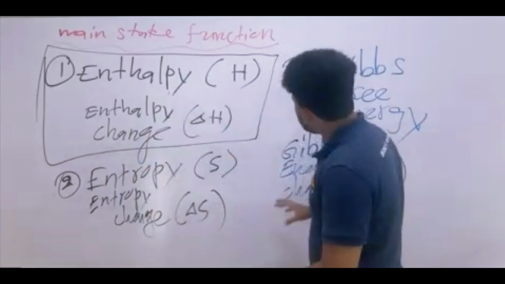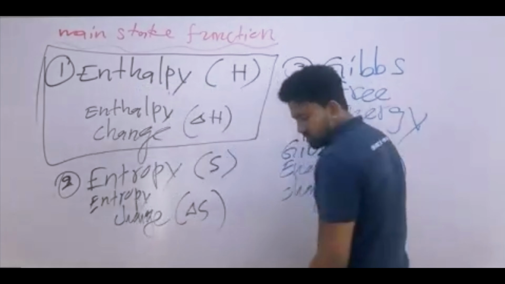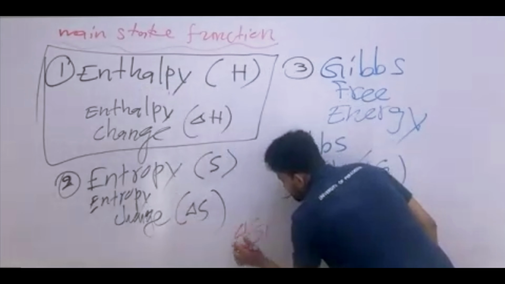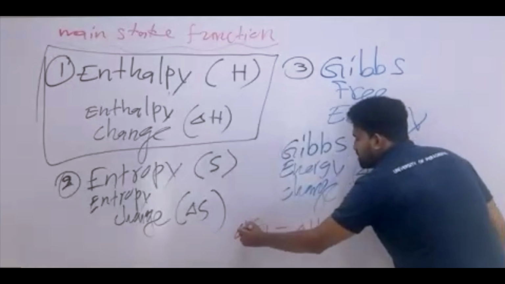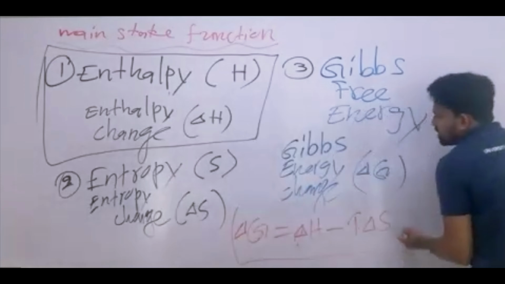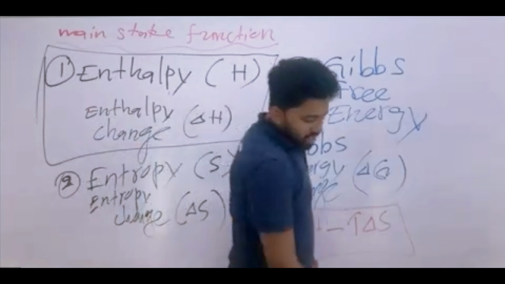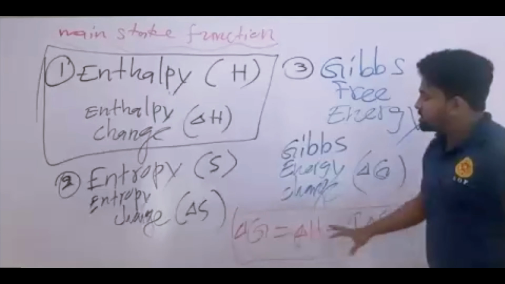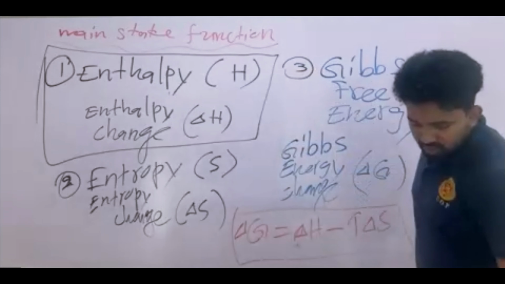And then since we have three main state functions, there is an equation: delta G is equal to delta H, where delta means change, minus T delta S. That is the equation which combines these three state functions.